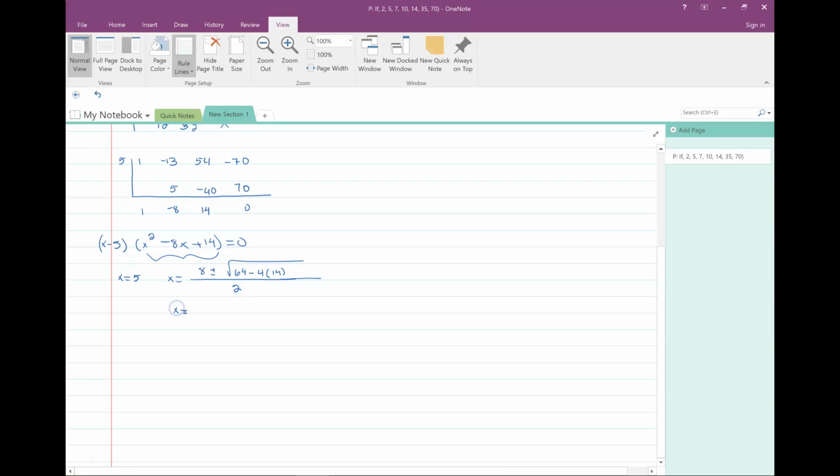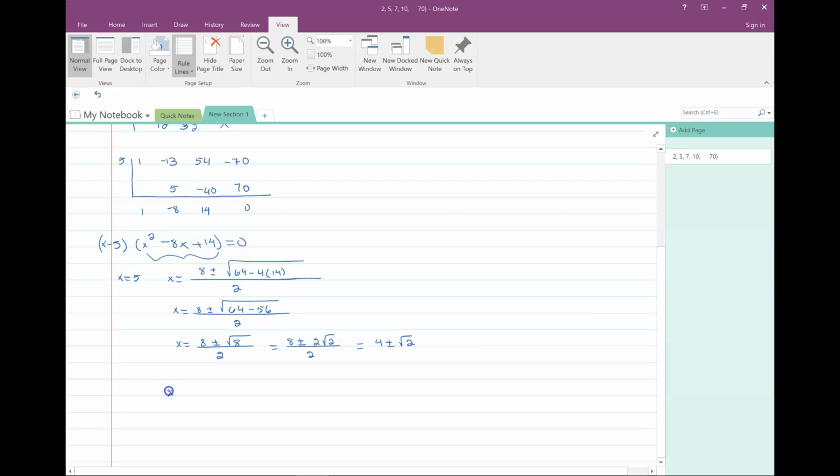So this is x equals 8 plus or minus the square root of 64 minus 56, all over 2. So that's 8 plus or minus the square root of 8 over 2. This is 8 plus or minus 2 root 2 over 2. Divide everything by 2 and you get 4 plus or minus root 2.